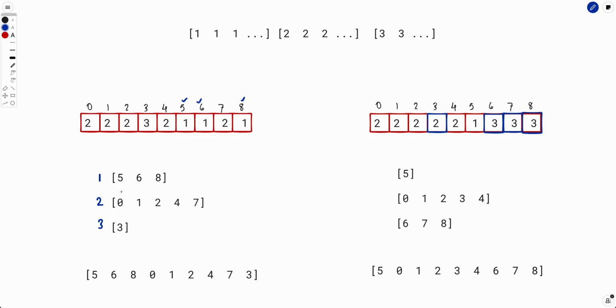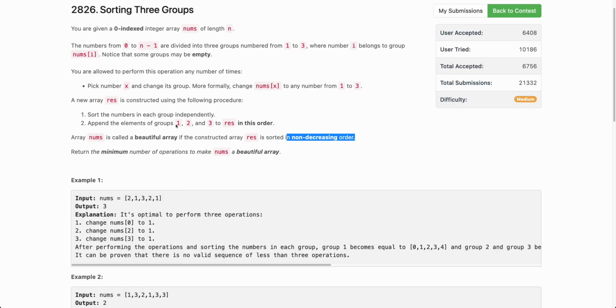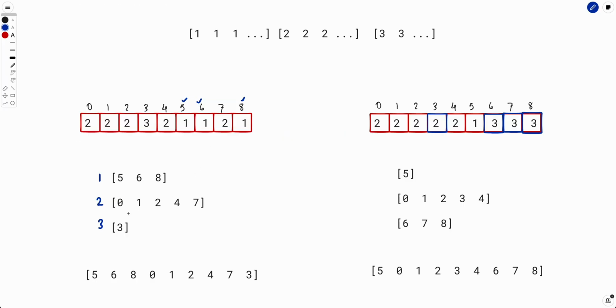Now this is the sorted numbers, and you have to append them in this order, 1 followed by 2 followed by 3. So you will say 5, 6, 8 followed by the sorted group 2 followed by the sorted group 3. Now you can see this array is not a non-decreasing array, and hence the given array nums is not beautiful. So let's do some changes.